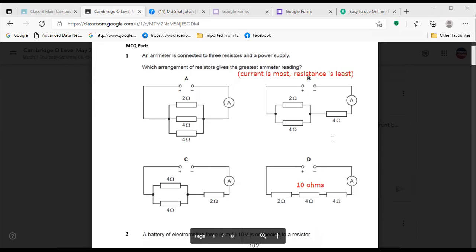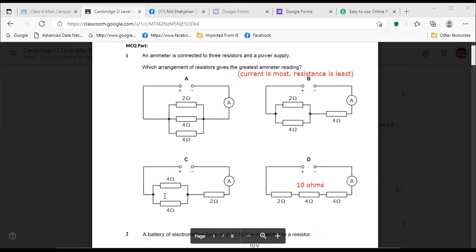Then we have here C, the second easiest. Why are we saying second easiest? Because these two resistors are identical, 4 ohms and 4 ohms. If two identical resistors are connected in parallel, then their combined resistance will be half of their single resistance.